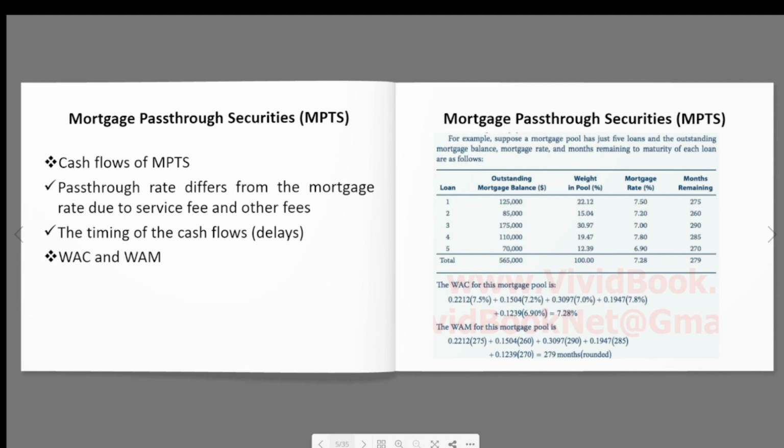Weighted average coupon is a measurement of the rate of return on a pool of mortgages that is sold to investors as a mortgage-backed security, whereas the weighted average maturity is the weighted average amount of time until maturity of the mortgages in a mortgage-backed security.